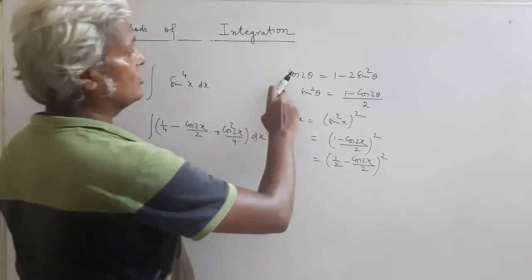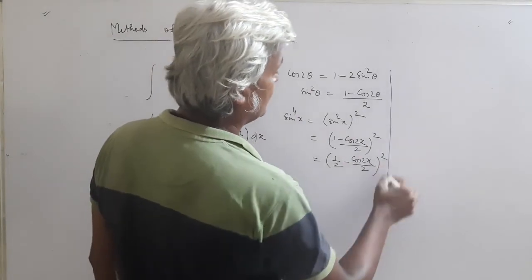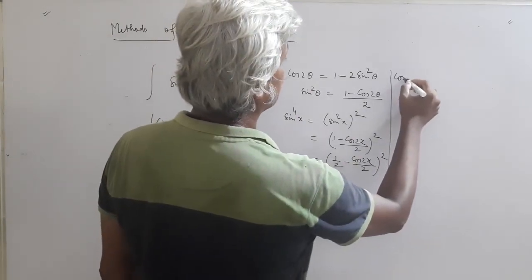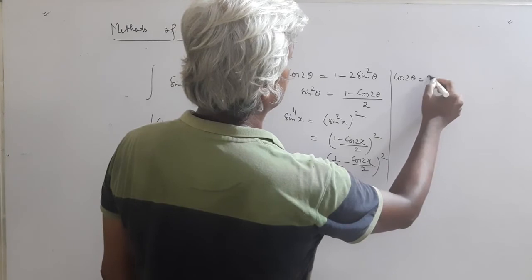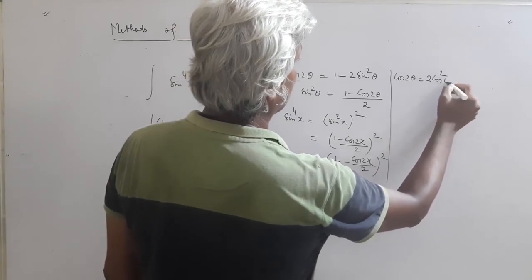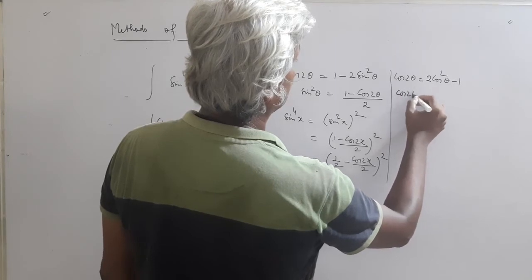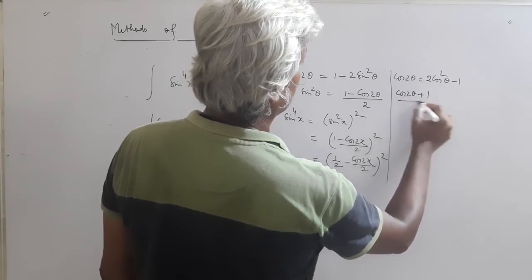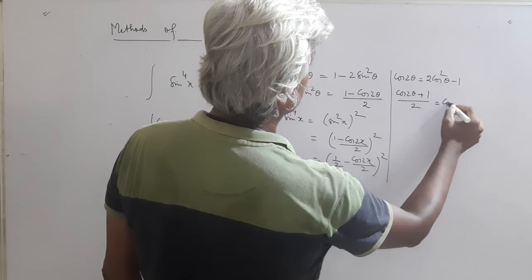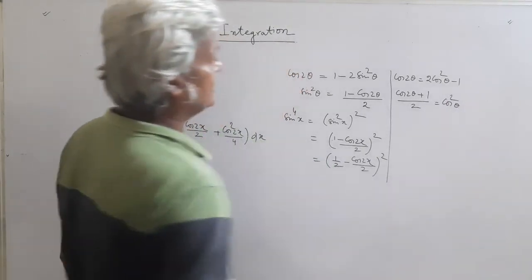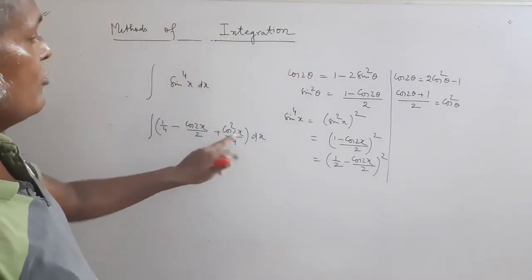Because we know there is one more set of formula which says that cos 2 theta is 2 cos square theta minus 1. So cos 2 theta plus 1 over 2 is cos square theta. Now we have cos square 2x.